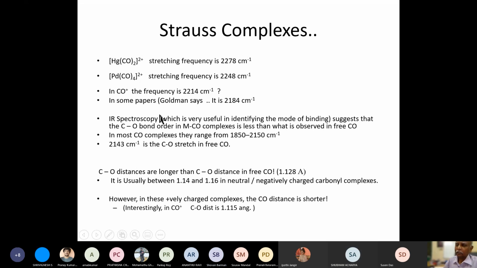So this is a slide which just tells you how, if I ionize carbon monoxide, I have an increase in the stretching frequencies. And if I ionize carbon monoxide, the CO bond distance also goes down, which means the carbon-oxygen bond strength is improved.